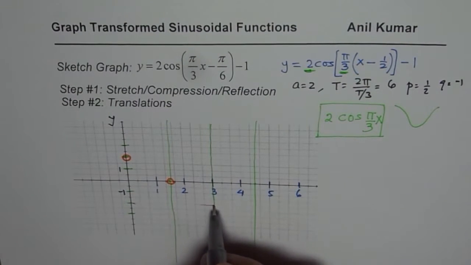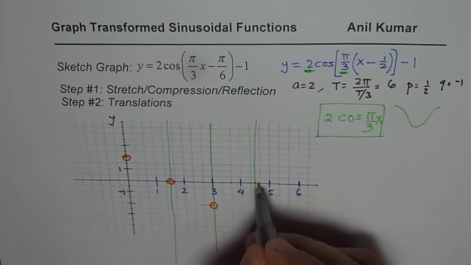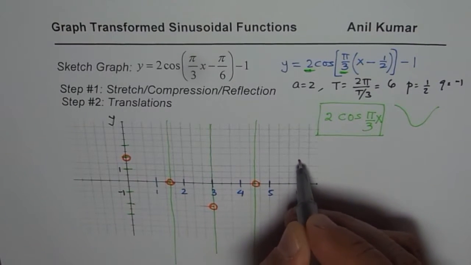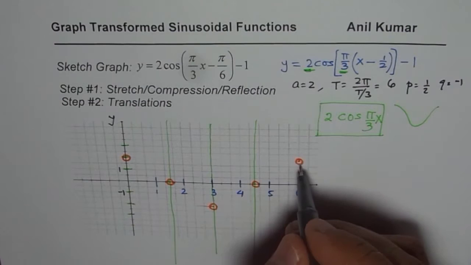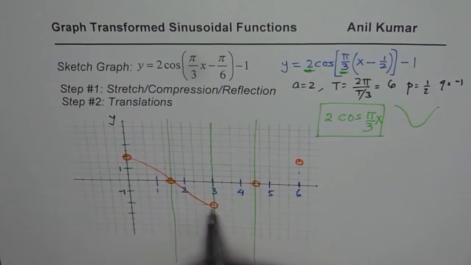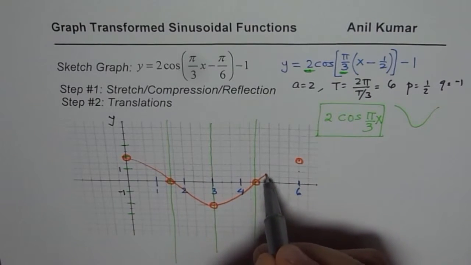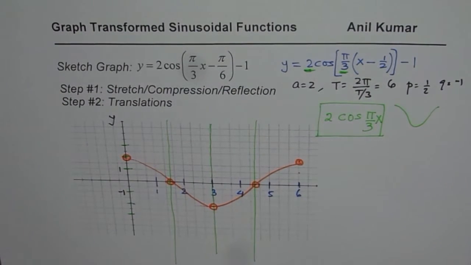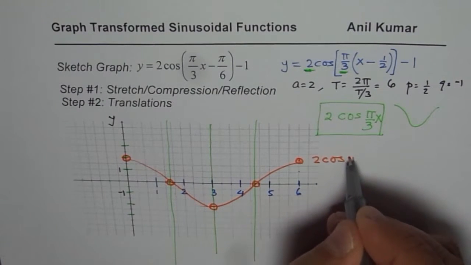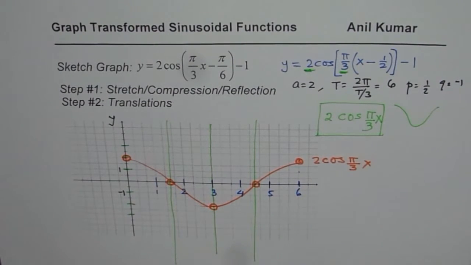So this is the minimum, right? 0, and then again maximum. So that is the cosine function for us, correct? We join them with a smooth curve, and that is the function 2 cos πx/3. Do you get the idea?